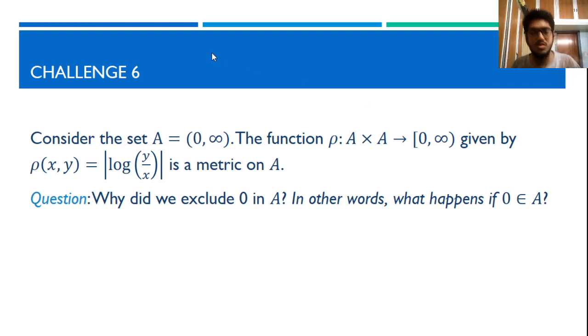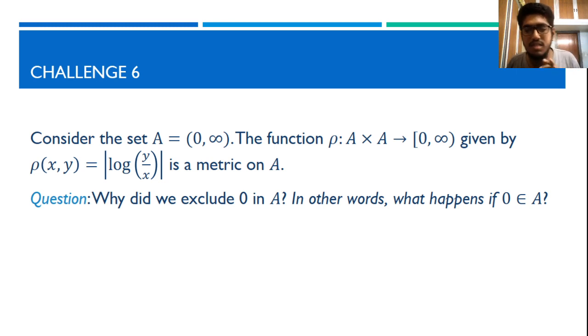So think about this question for a second. Consider set A equal to the open interval 0 comma infinity, and a function rho from A cross A to the closed interval 0 comma infinity given by rho of x comma y equal to absolute value of log of y by x.